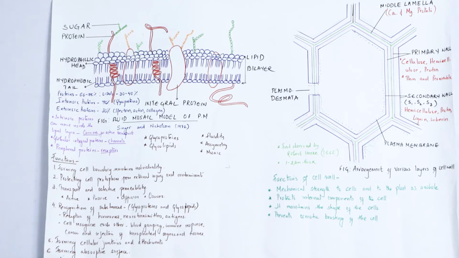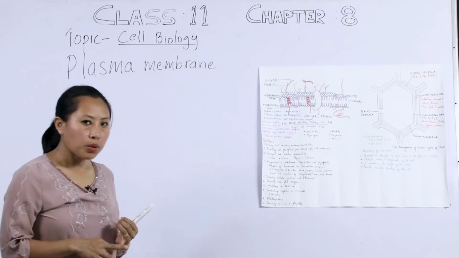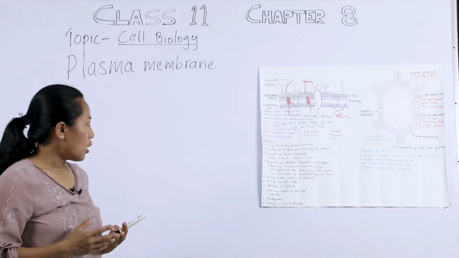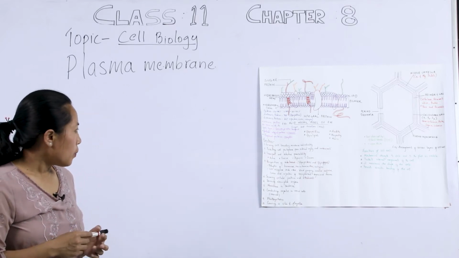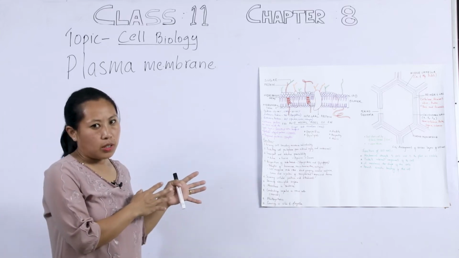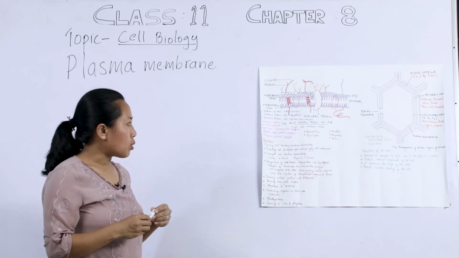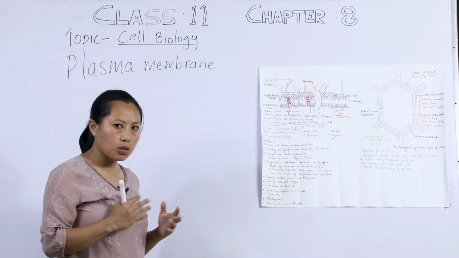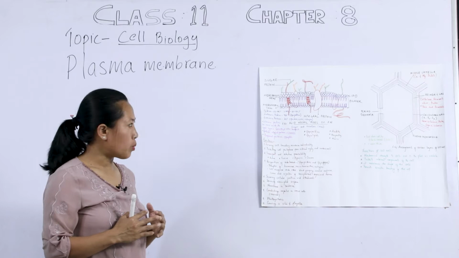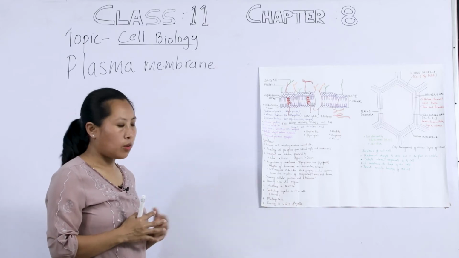The plasma membrane is present in both prokaryotic cells and eukaryotic cells, and in both plant cells and animal cells. Straight away into this diagram: the fluid mosaic model of the plasma membrane was proposed by Singer and Nicholson in 1972, and it is one of the most important models for the plasma membrane.